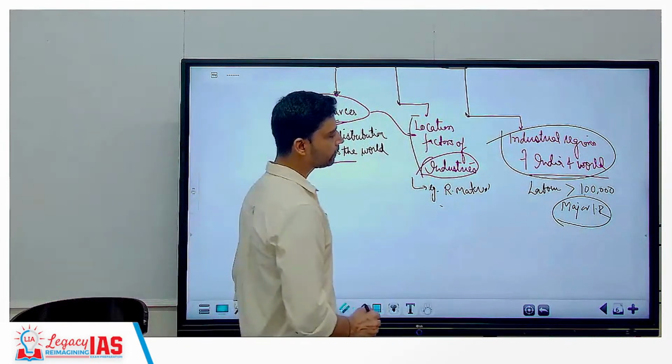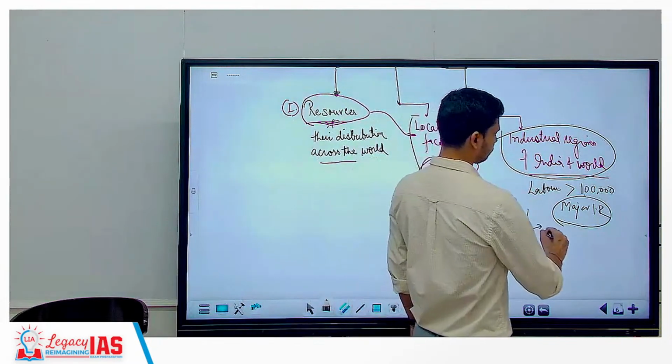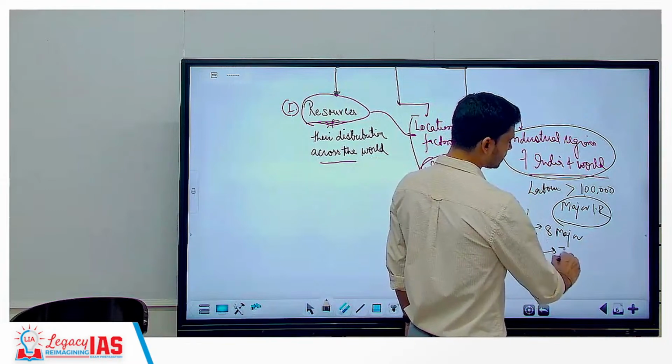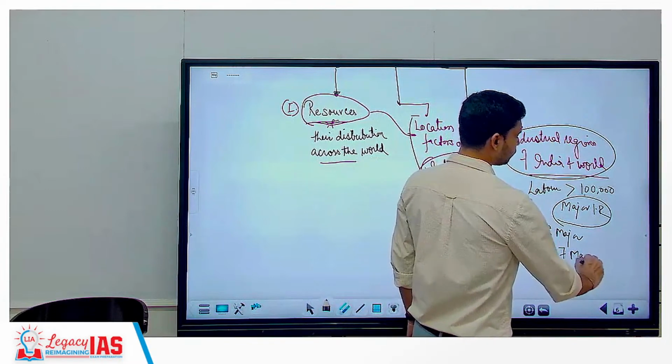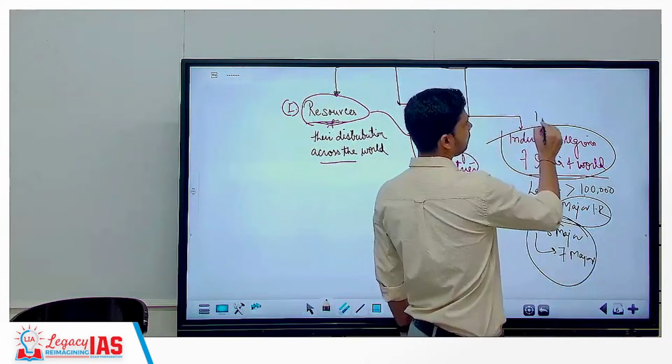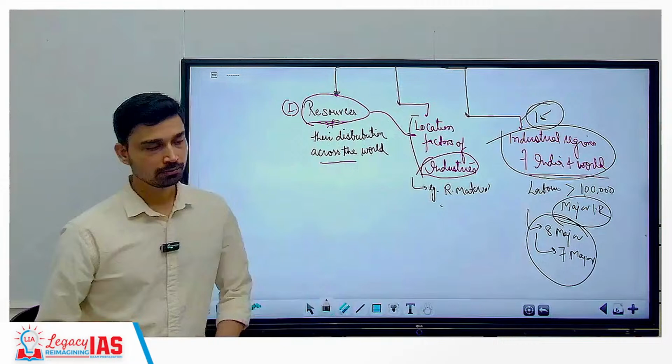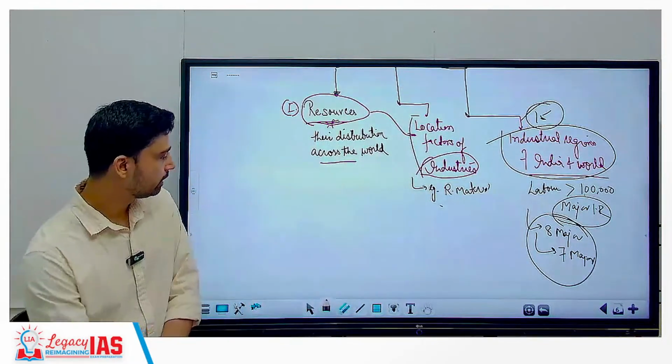So 8 major industrial regions are in India, plus at the global scale, a total of 7 major industrial regions. So 15 total major industrial regions we have to study in economic geography.